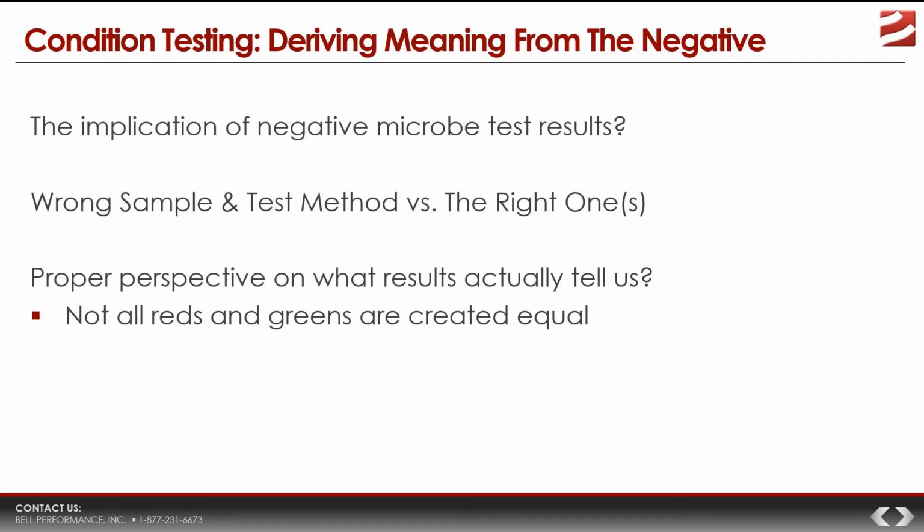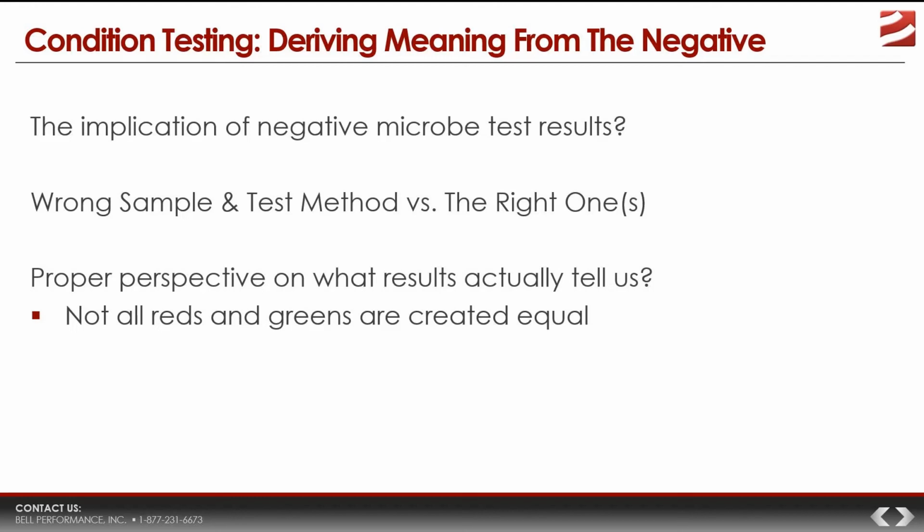In the end, negative microbial results can mean one of three things here. It can mean either that we have the wrong sample. That means we really did have microbes in the tank, but our sample didn't capture them. It was the wrong sample. It could mean wrong test method. Microbes were actually in the sample. We did get a good sample, but the test method did not detect them.